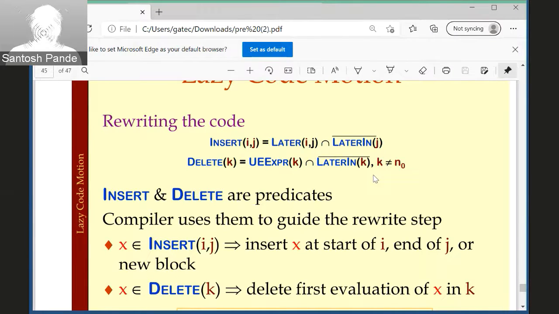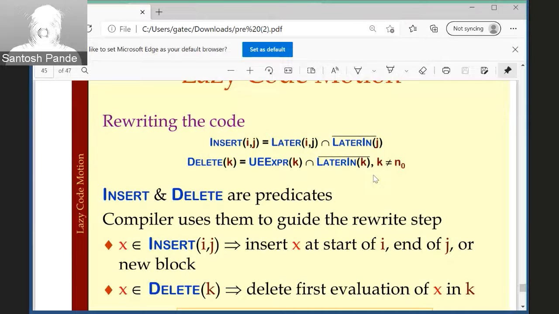Okay. Now let us find out what the deletion point of a particular expression means. So deletion point of an expression is that obviously if the expression is upward exposed, so there is an evaluation of an expression in a block, okay, in a block K, and later in to K is false.